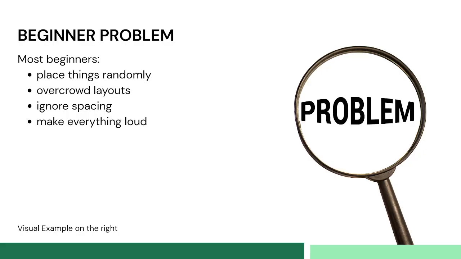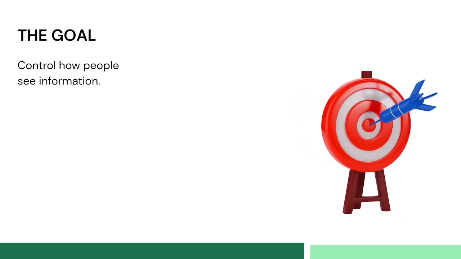There is this wrong belief when you start out with design, that with layout you have to make everything loud, like you have to make everything on that piece of design scream for attention, which is wrong. And now, what is the goal that we seek to achieve with layout and composition as a designer?